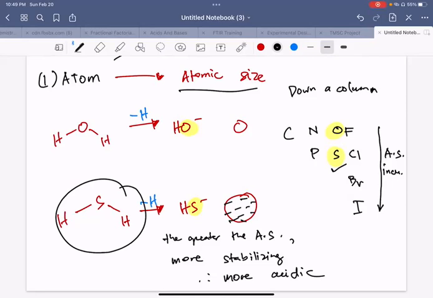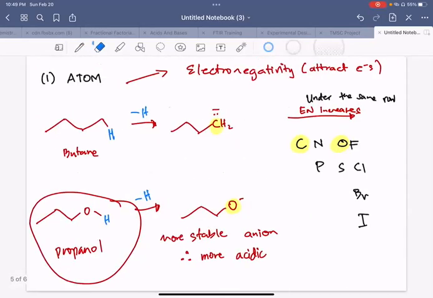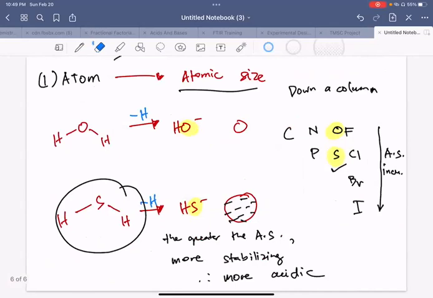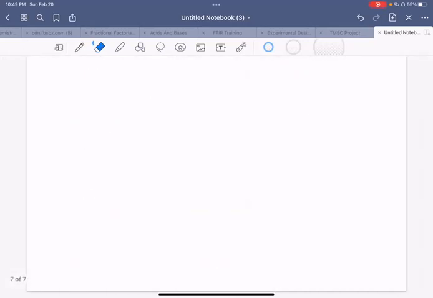So when you compare atoms along the same row, electronegativity is more dominant. But when you compare two atoms bearing the charge down a column, atomic size is more dominant. So that's how you assess atoms bearing the negative charge.